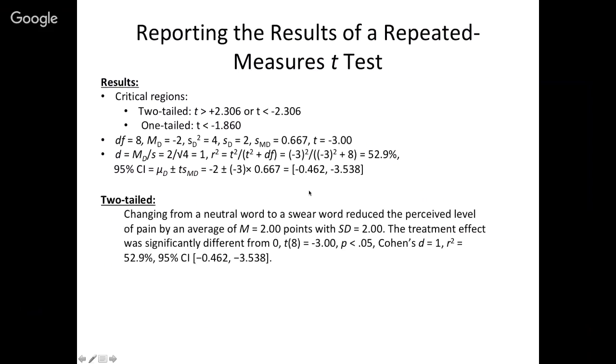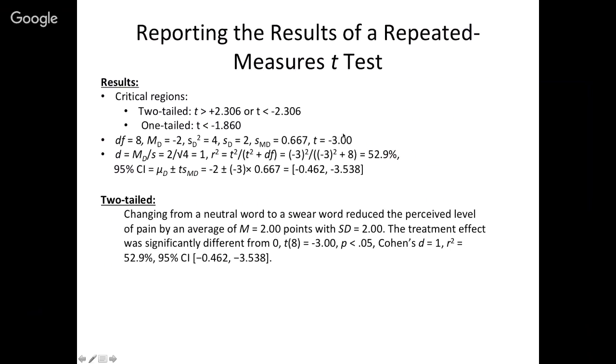So here the SD equals 2, meaning the standard deviation of the D scores. And here is our inferential stats, a sentence for the t test. The treatment effect was significantly different from 0.